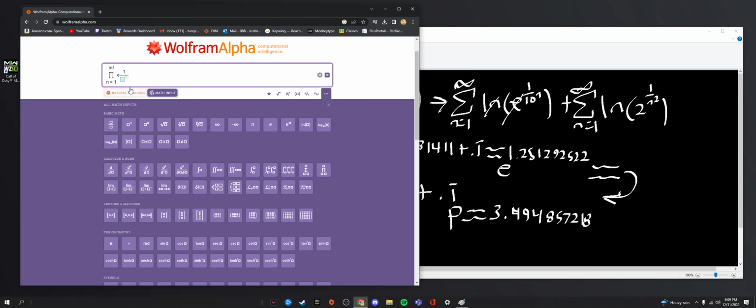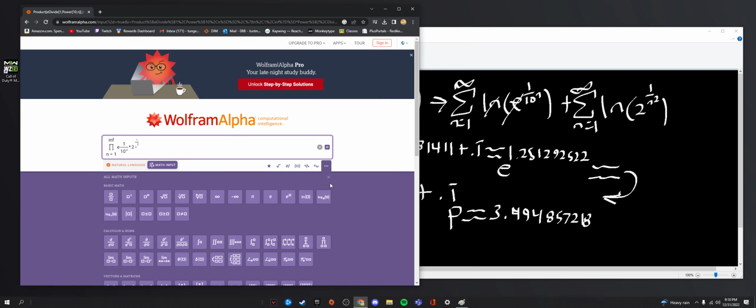I really hope I input this correctly. That's a 19. Already wrong. No. Right here. Okay, there we go. And then we multiply by e to the 1 over n squared. Let's hope I input this correctly and the computer actually knows what I'm trying to say.